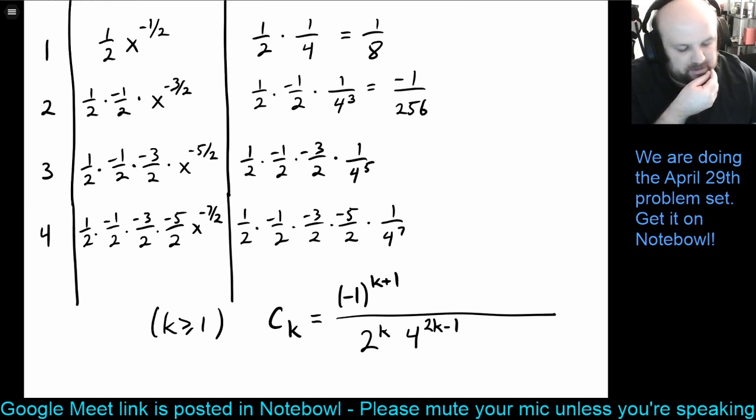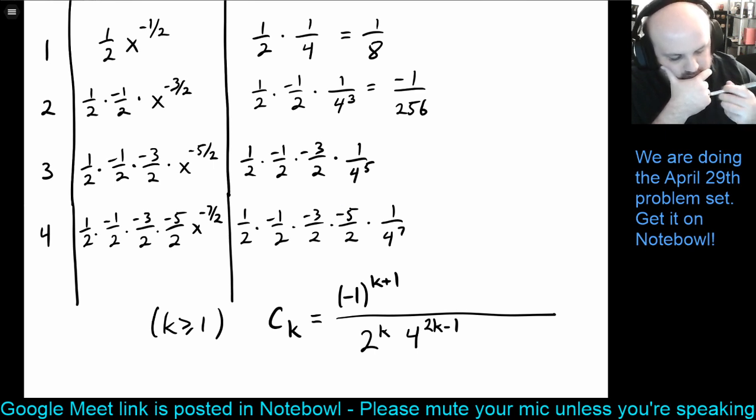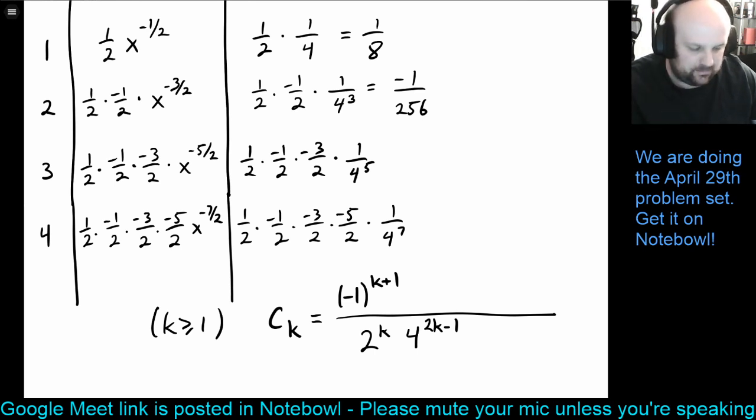Now the interesting part is what's going on up top. Because it's 1 again, and now it's 3, now it's 5. So we're going to keep multiplying odd numbers together.